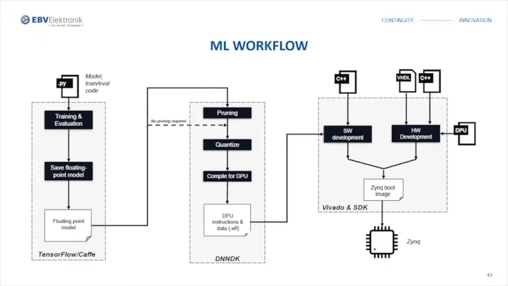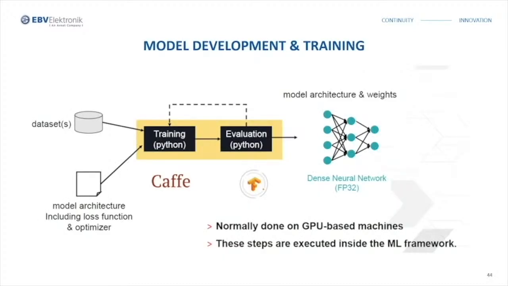We are building your Linux image, and then you have a ready-to-boot image to use with the Zynq device. So once again, the first phase is model development and training using Caffe or TensorFlow, normally done on GPU machines. You can use your own GPU server, or in a lot of cases you can also run it on the cloud.